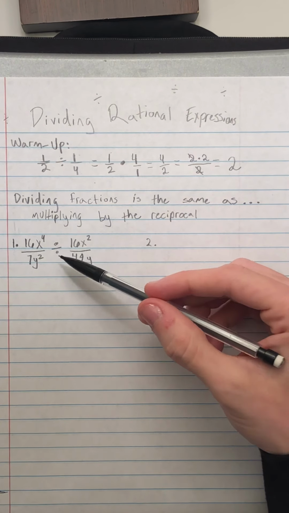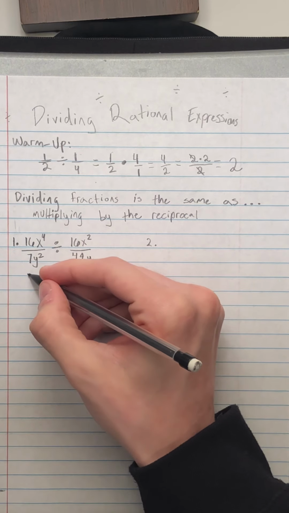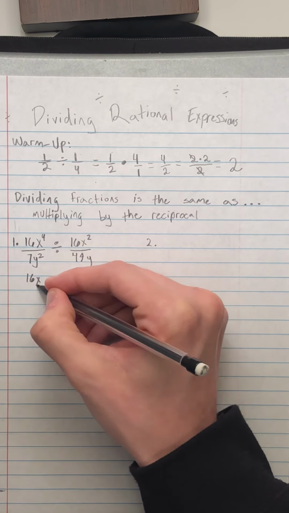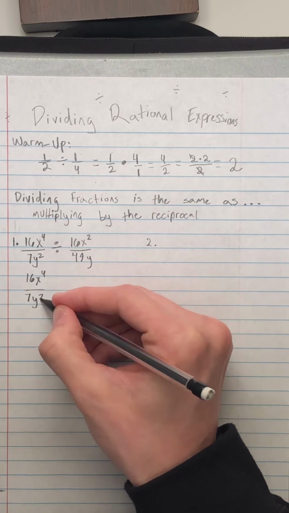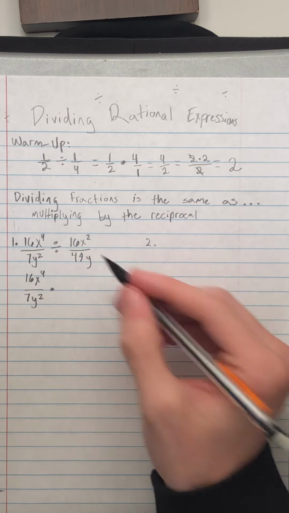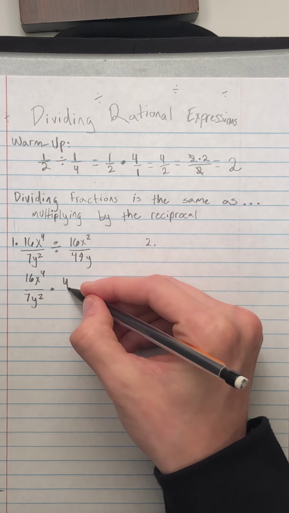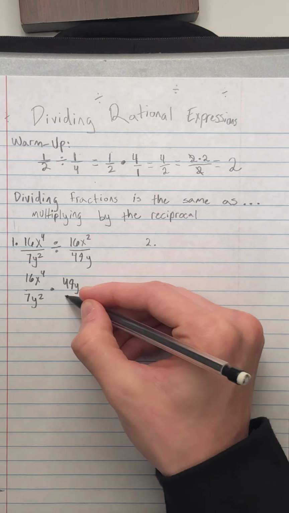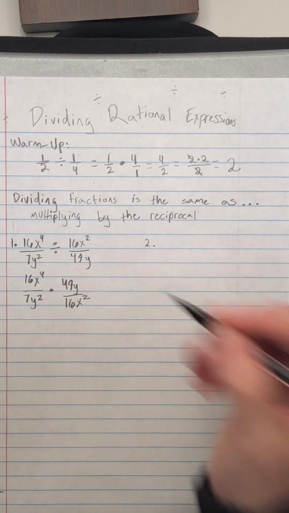I'm going to change this from division of rational expressions to multiplication by rewriting this as 16x to the 4th over 7y squared times the reciprocal, or the flipped fraction of the second piece. So times 49y on top over 16x squared.